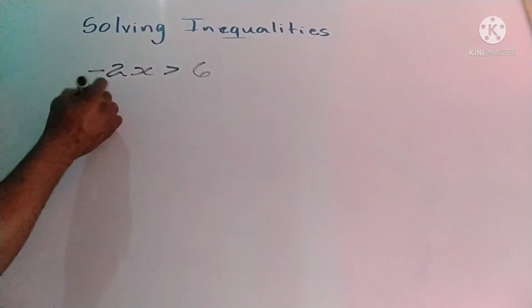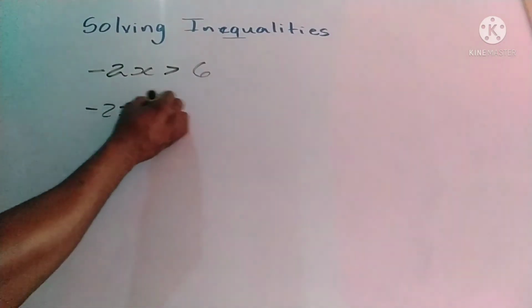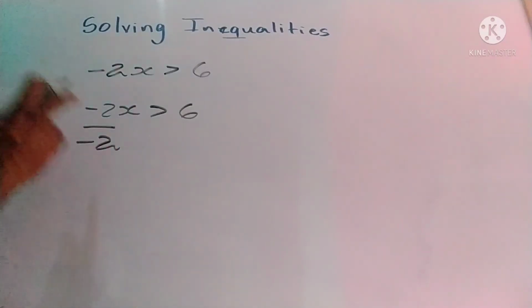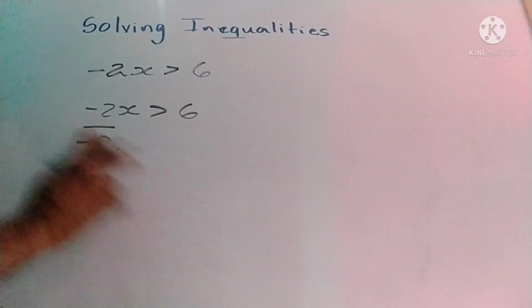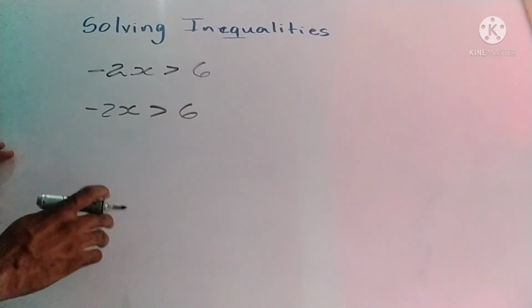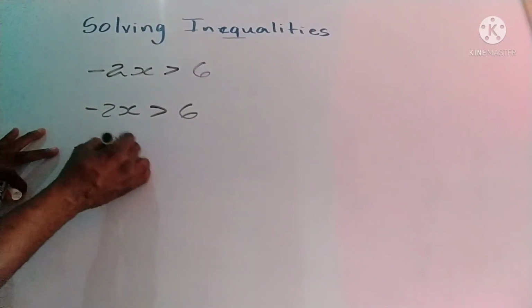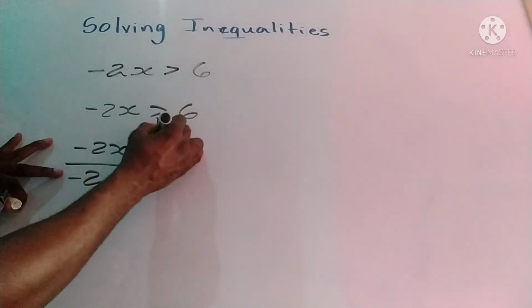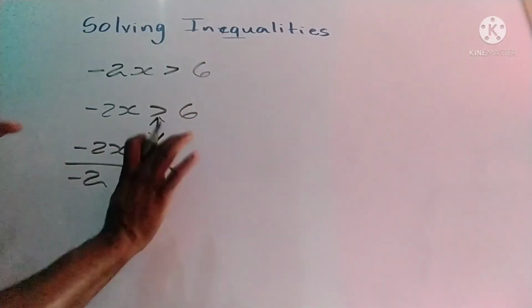In solving this, we're going to divide by negative 2. The moment you're going to divide by negative 2, I normally say to people, if you know that you're going to divide by the negative 2, just rewrite it so that you can change the symbol. So look at this. I did change the sign. I flipped it around.